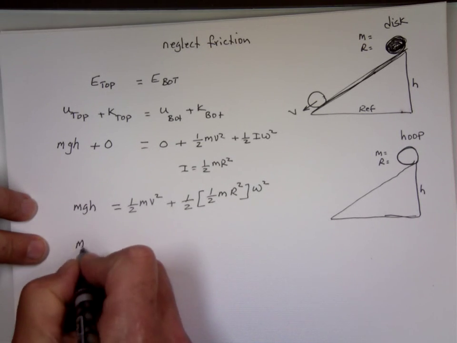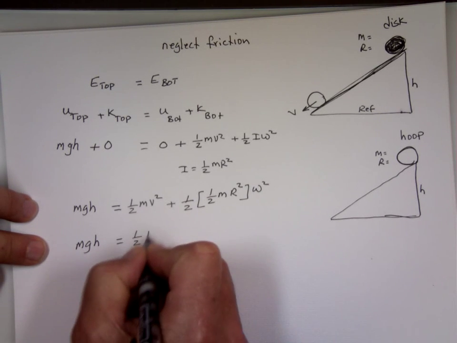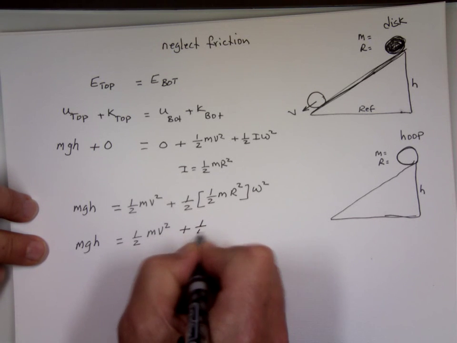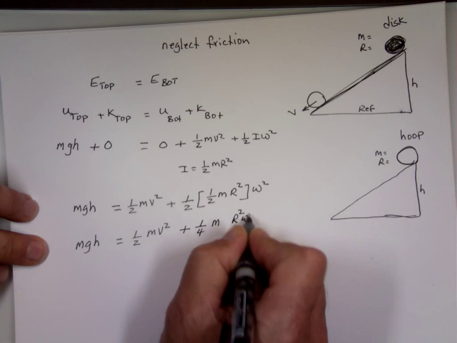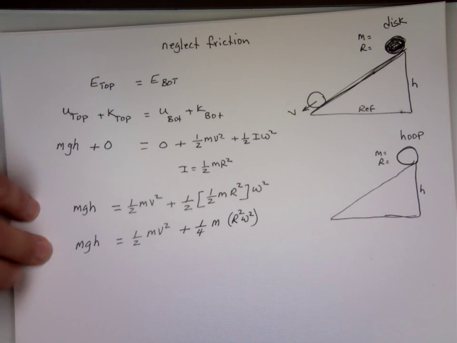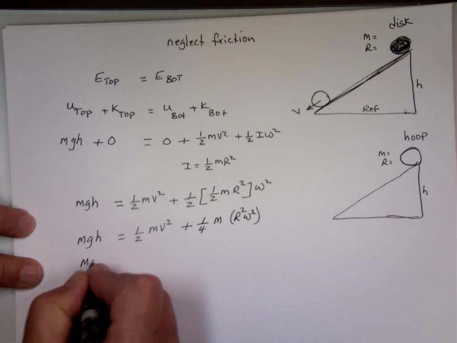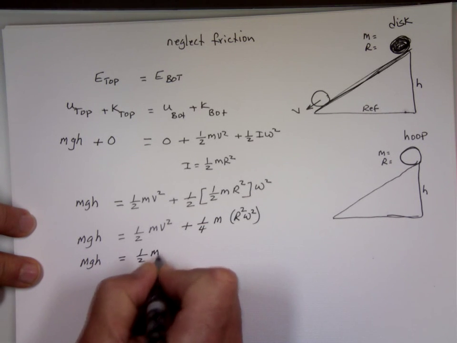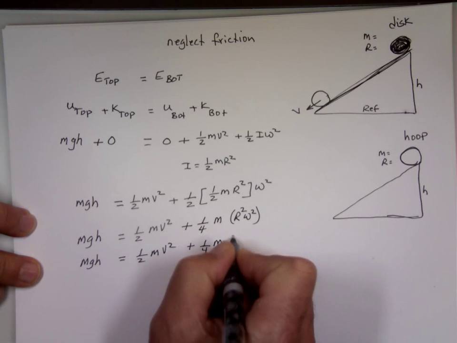Mass times gravity times height equals 1/2 mv squared plus 1/4 mr squared w squared.